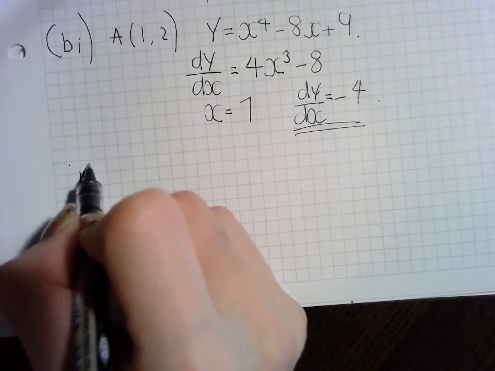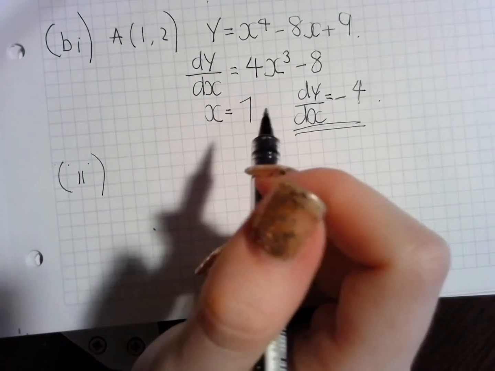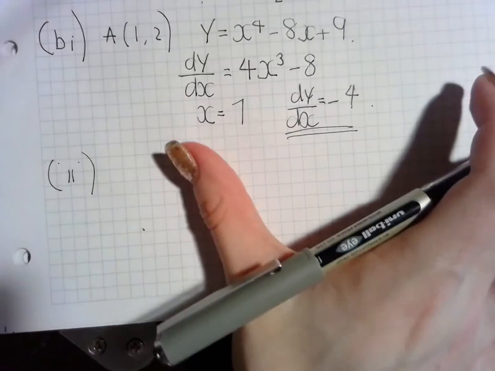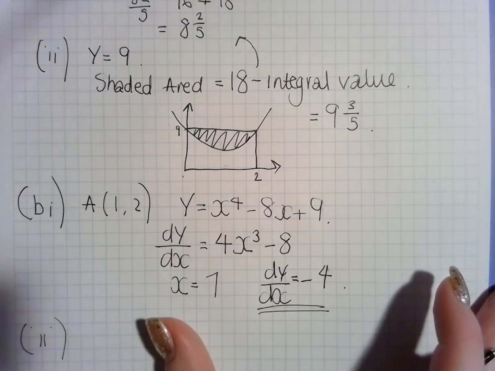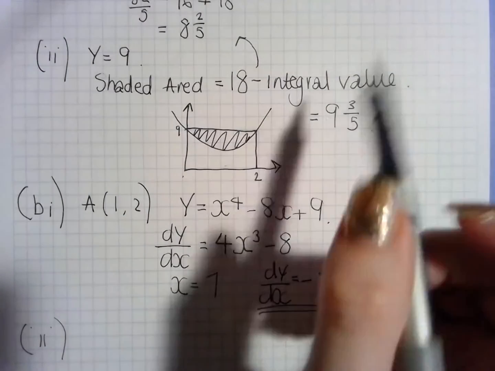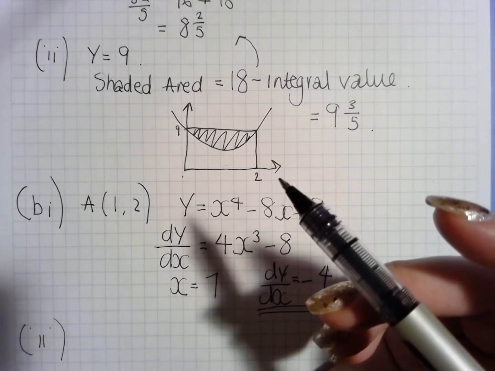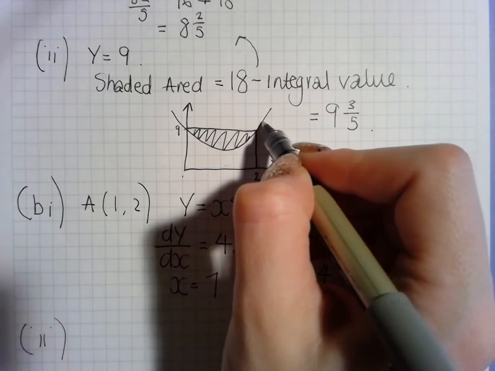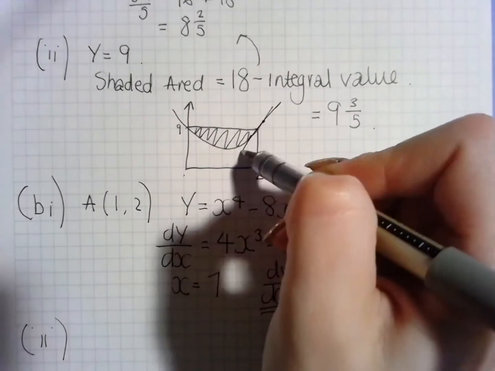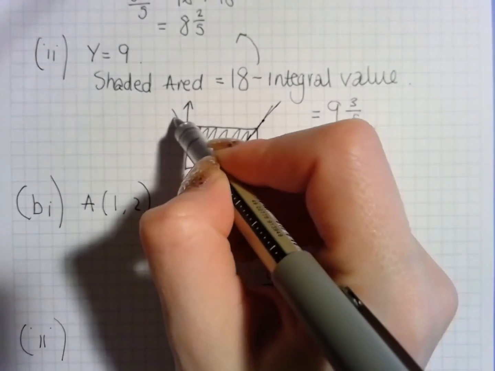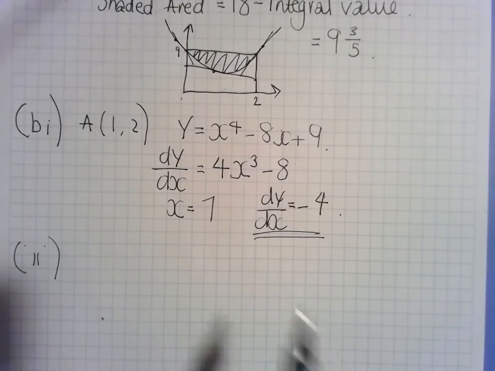The last part says, hence, find an equation of the tangent to the curve at the point A. So where will this point be? A tangent is a straight line through the point, so you're again using your straight line formula.